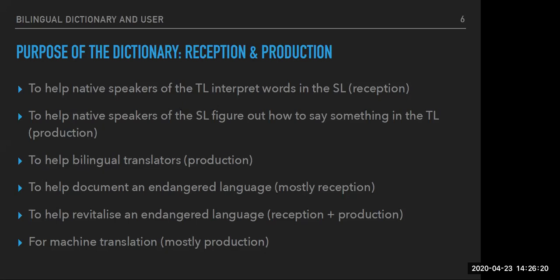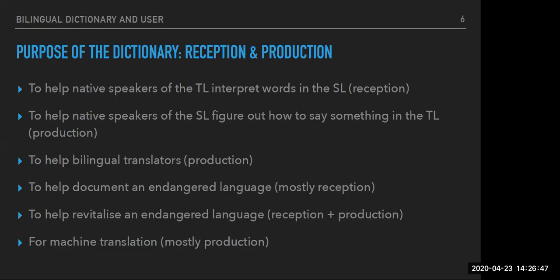So in a Hindi-English dictionary, if your main goal is to make sure that the English speaker understands what the Hindi word means, that would be a reception-oriented dictionary, where you're not really interested in helping the English speaker produce Hindi. You're just helping them understand Hindi.